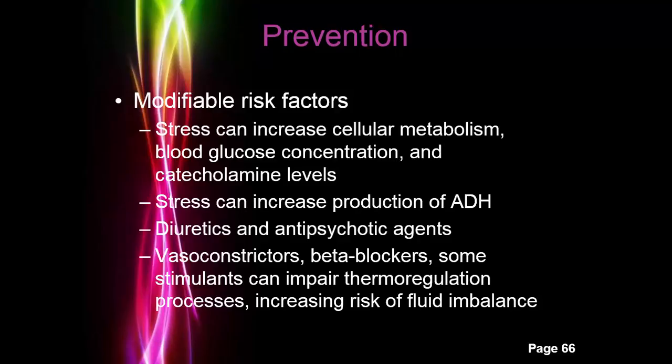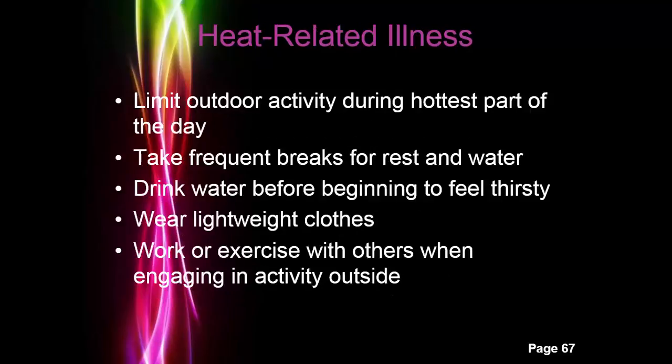With diuretics and antipsychotic agents, they will be at risk for alterations in fluid intake due to the effects on the thirst mechanisms. Vasoconstrictors, beta blockers, and some of your stimulants can also impair the thermoregulation process, which increases the risk of fluid imbalance.